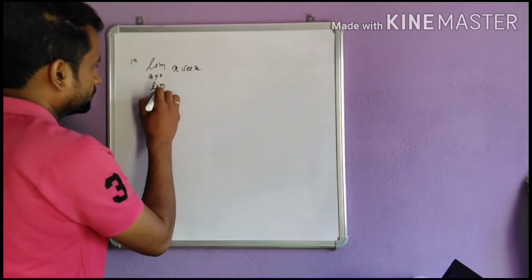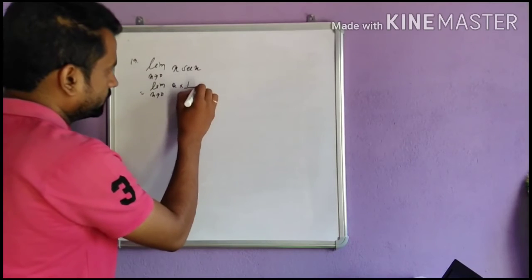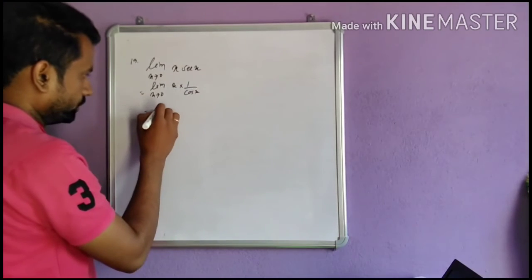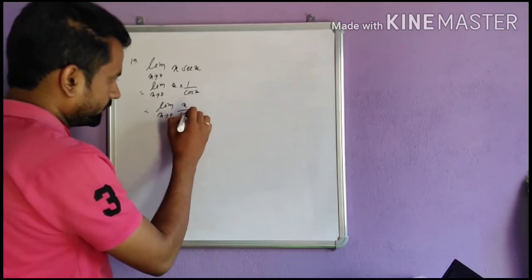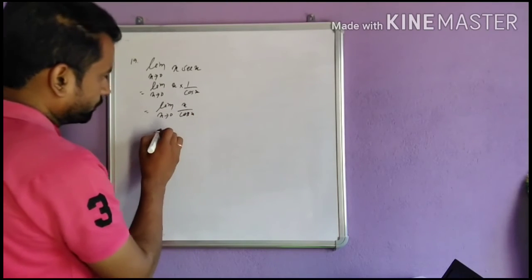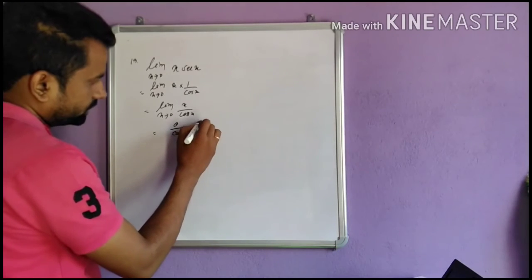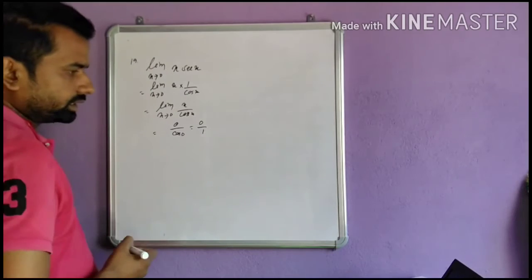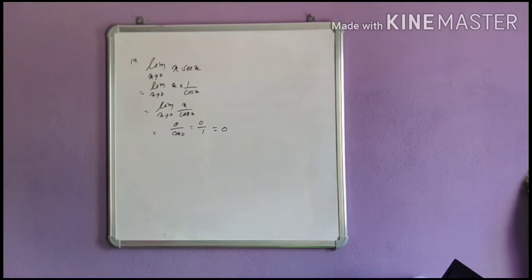If you convert, sec means 1 by cos x, we know the formula. Then x tends to 0, x by cos x. At the value of x you should put 0, that means 0 by cos 0, that is 0 by 1. This is not 0 by 0 form, so the answer will be 0. Got it?